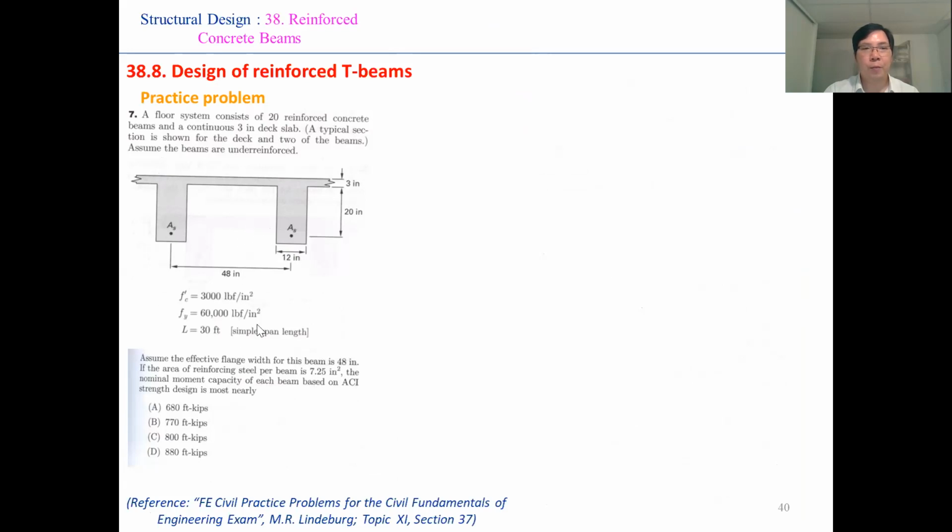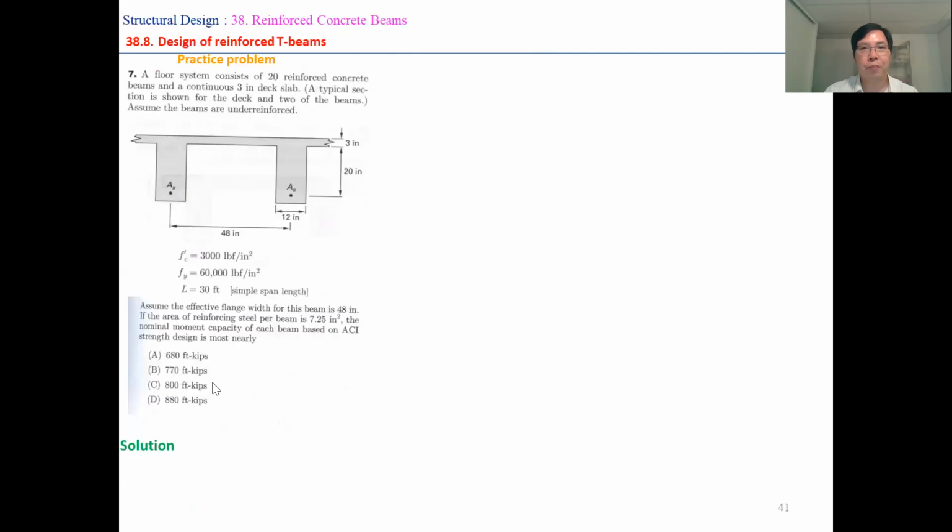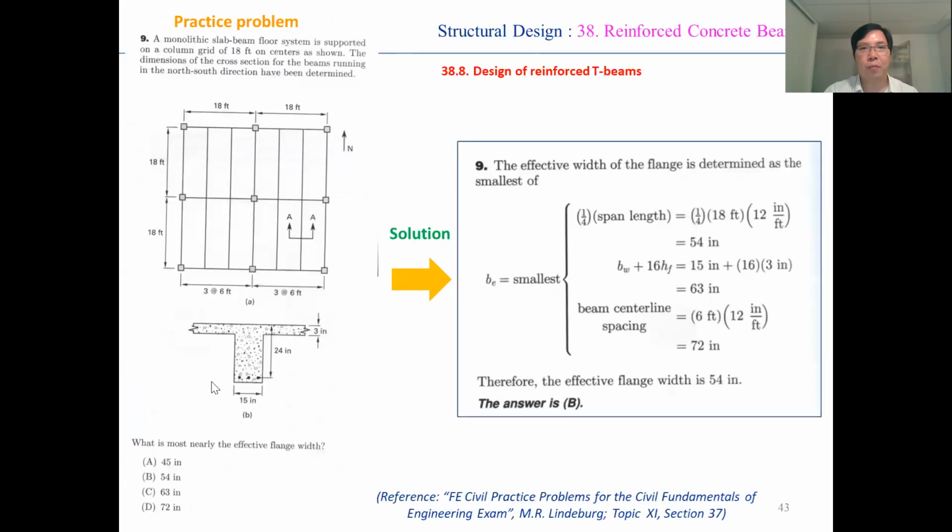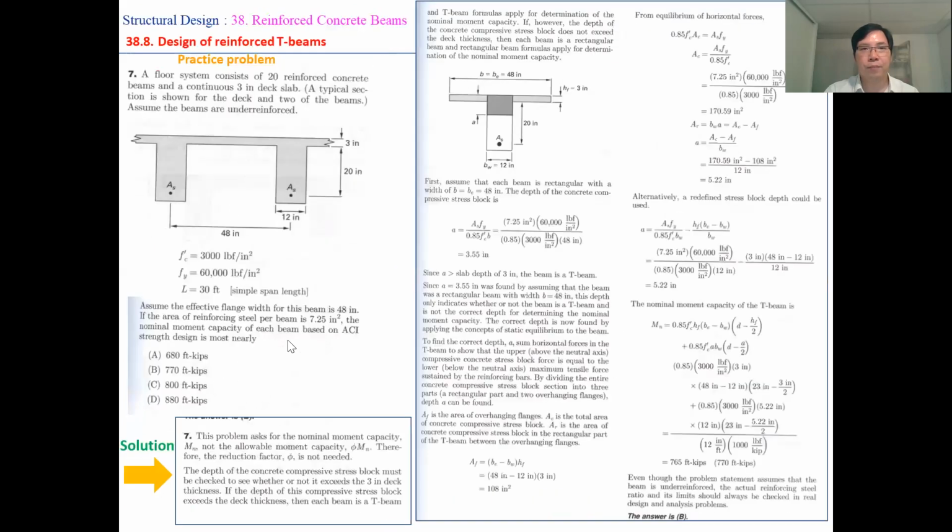They give you the properties of the concrete and the steel, and they ask you the question about the nominal moment capacity of each beam. And I show you the solution in this slide. So you can see the detail when you have more time.